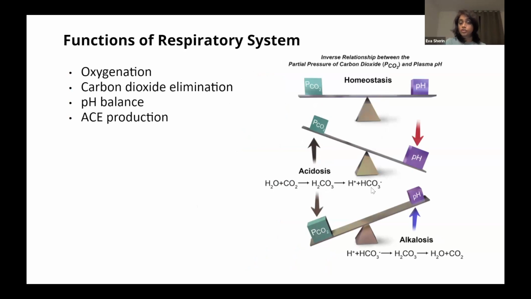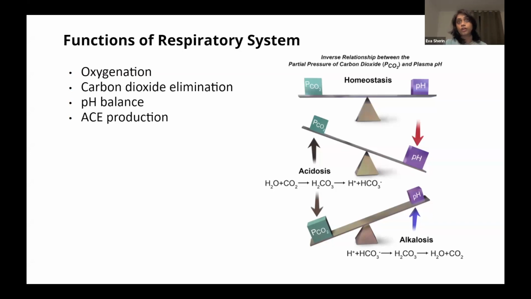So if you have too many H+ ions in the body, that can decrease your pH and cause acidosis. And if you have too few H+ ions, then your pH increases, and that causes alkalosis. So the lung is one of the main organs that helps balance your pH in the body.